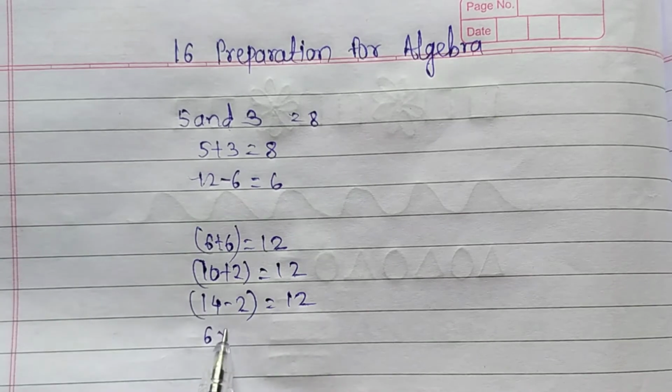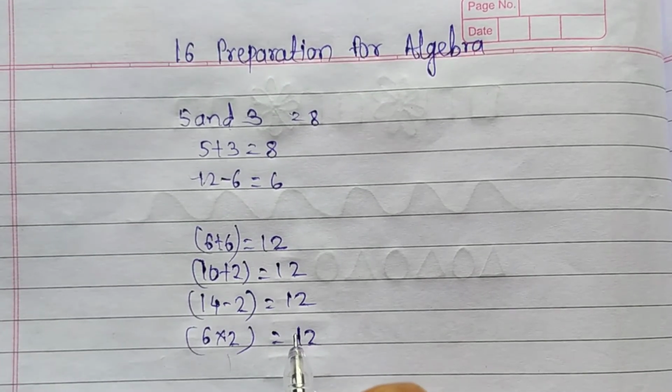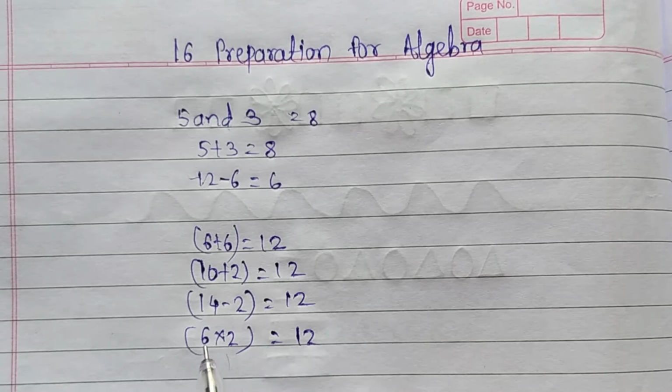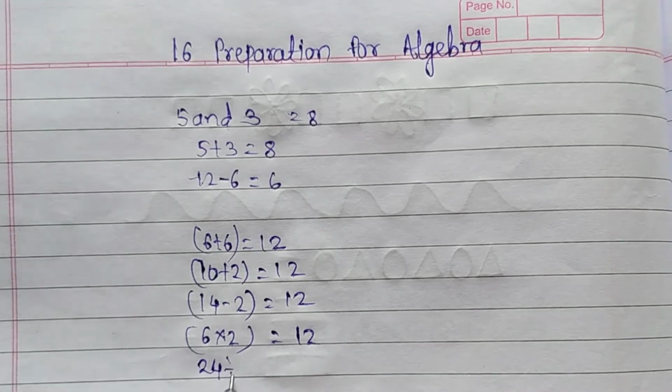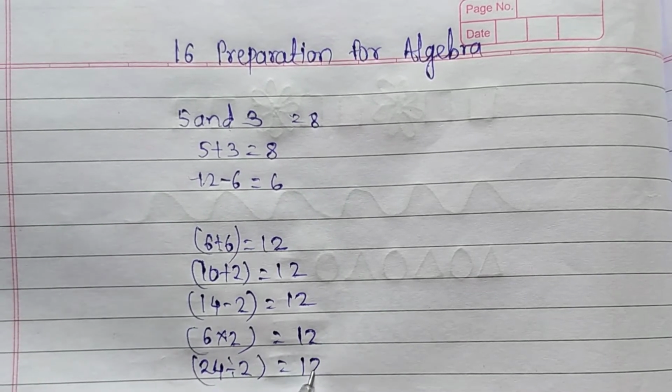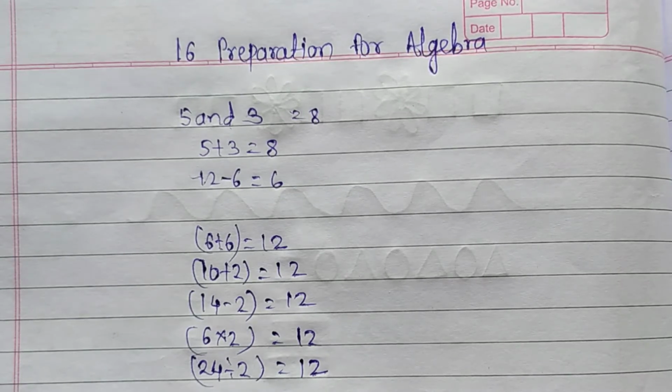Then (6 × 2) means a number obtained by multiplying 6 by 2. And again we can get 12 by 24 ÷ 2. This means a number obtained by dividing 24 by 2.